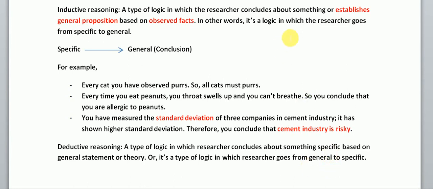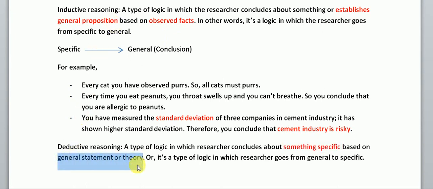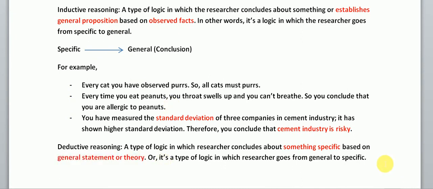Here the conclusion was something general based on specific, but here we are concluding about something specific based on a general statement or theory. Let me explain it with an example. Here we are going from general to specific.